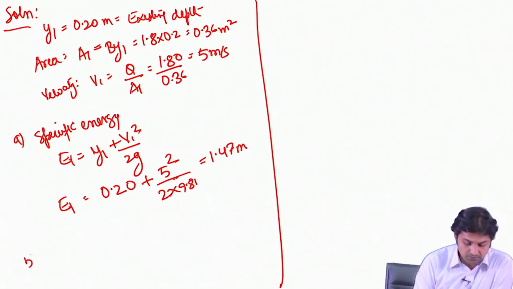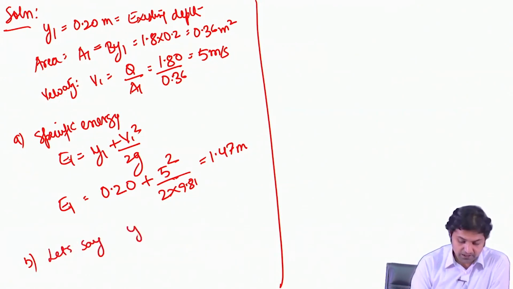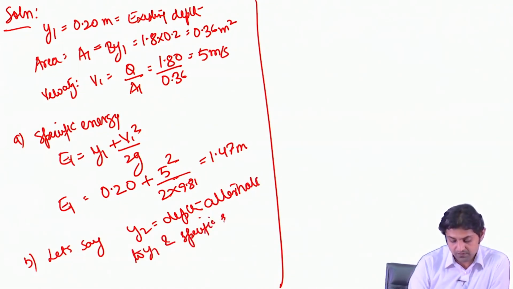So, we have to calculate y2. So, let us say y2 is depth alternate to y1 in specific energy diagram.